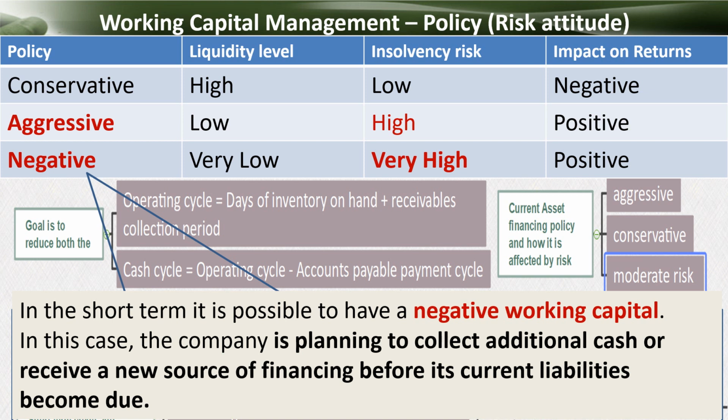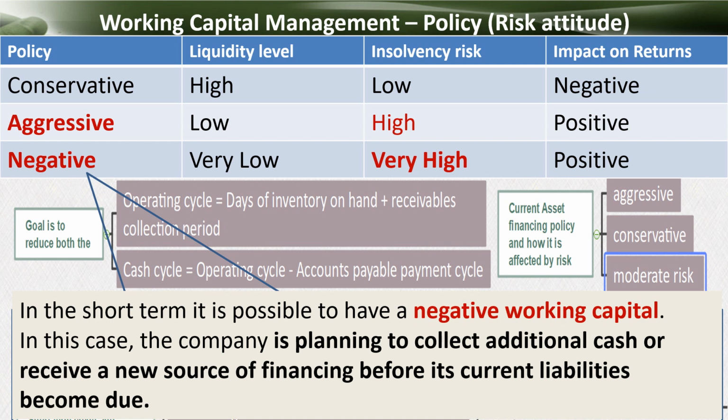Totally, if it is negative, they are willing to accept a negative working capital. That means always keeping the current liabilities higher than the current assets. It is also possible in the short term, but in this case the company is planning to collect additional cash or receive a new source of financing before its current liabilities become due.